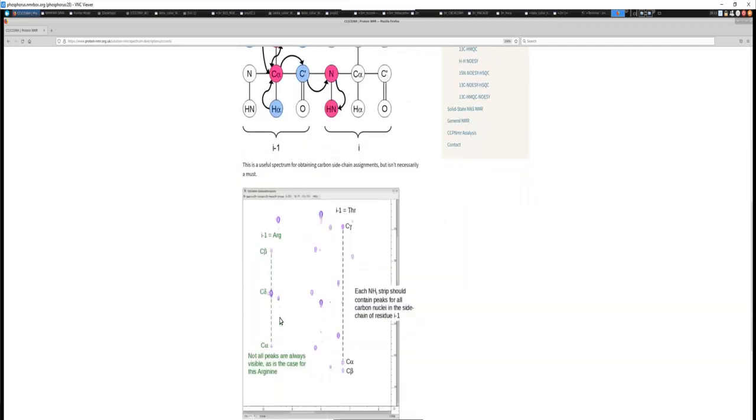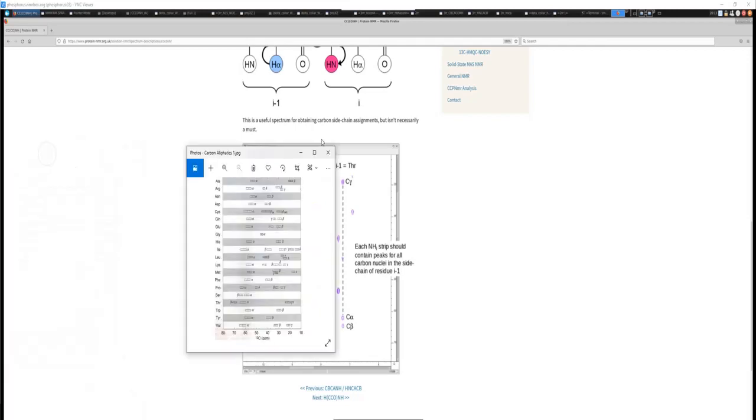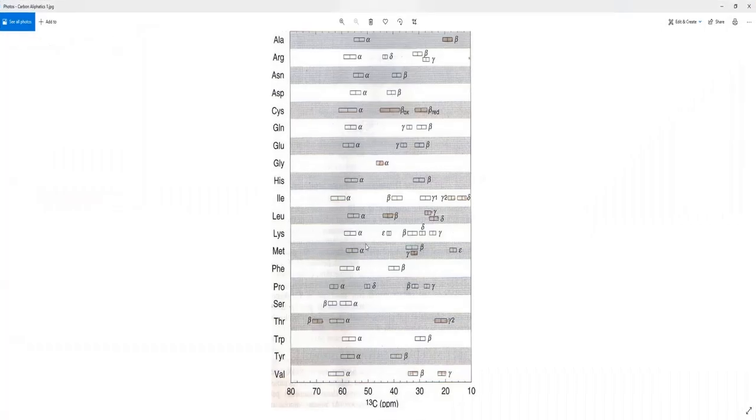And what I mean by that is it might actually be better to look at this list here. So this shows the chemical shift ranges of all of your aliphatic carbons for each amino acid.